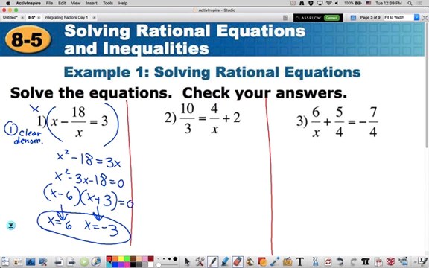Yeah, 6 minus 3, that's 3. So this one works. Negative 3 minus 18 divided by negative 3, negative 6. And you're subtracting that, so negative 3 plus 6, positive 3, equal to 3. That one checks out too. Good with that? So look at that. That was the hardest one, and we got it down.